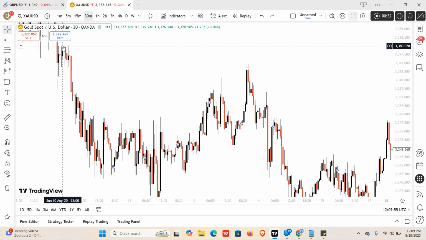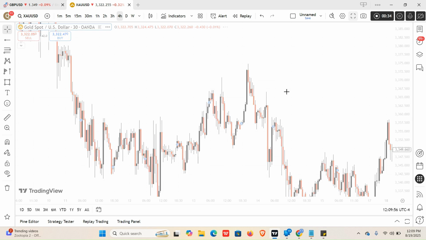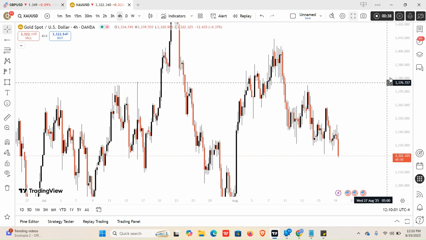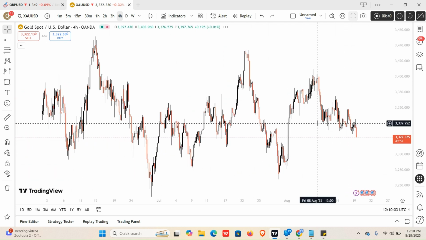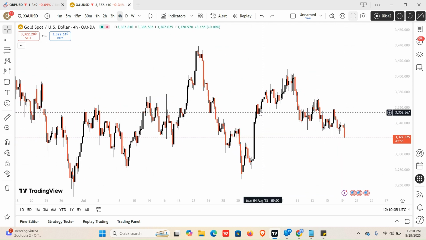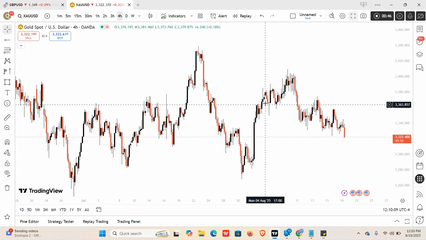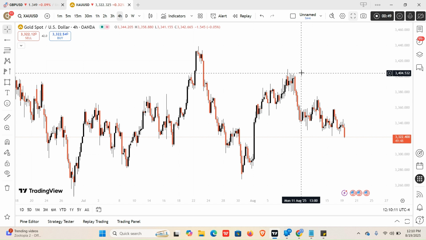I think let's go to 4 hours to know what the price action is like, and also a little look at the screen to see what it looks like.